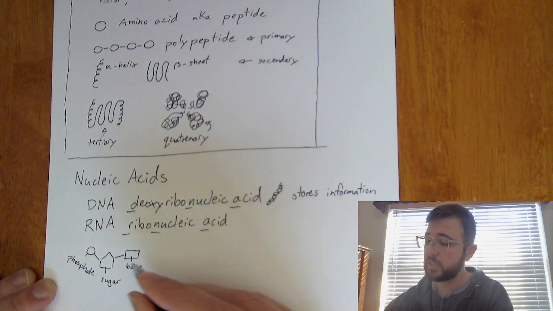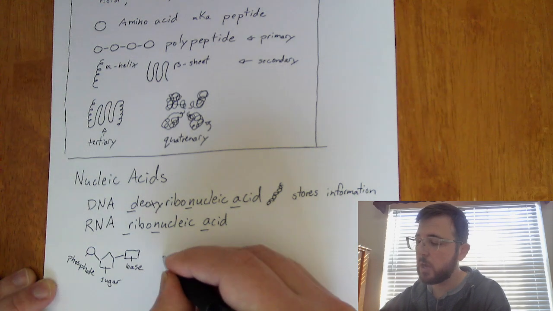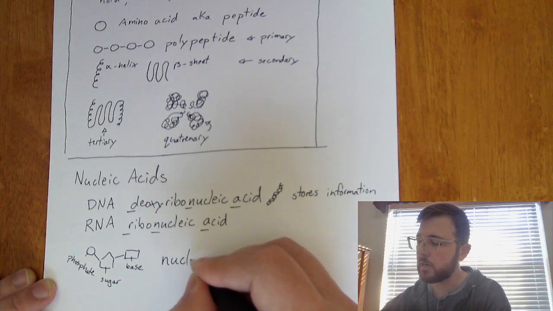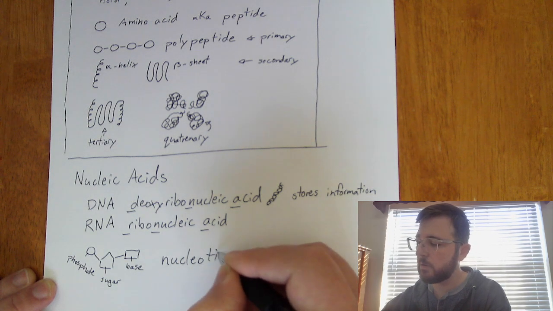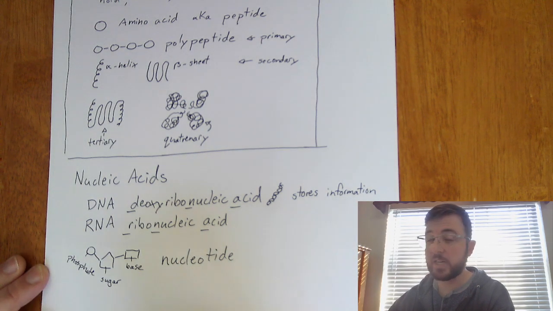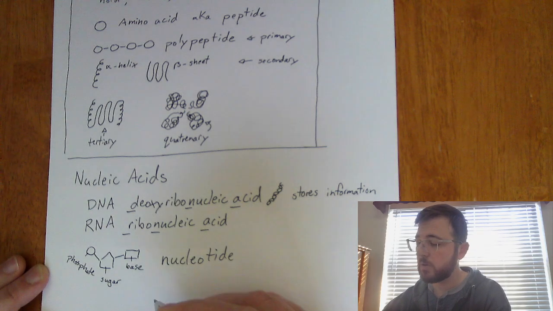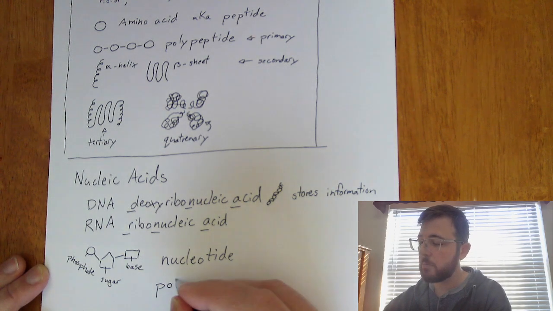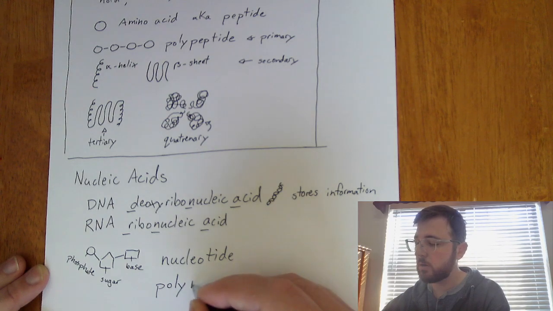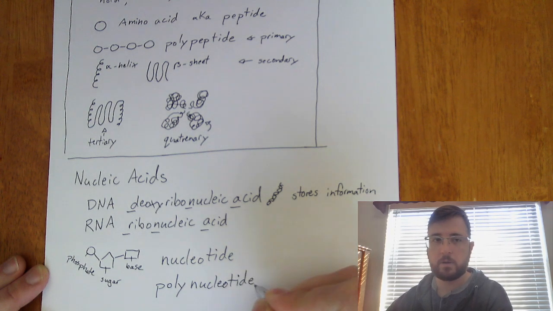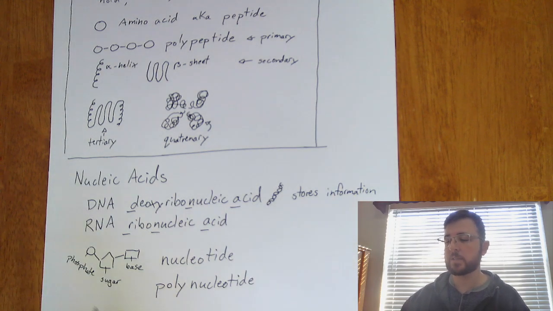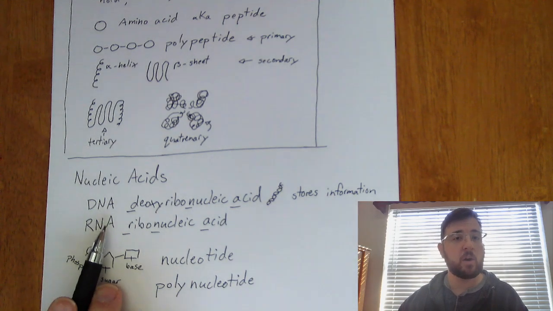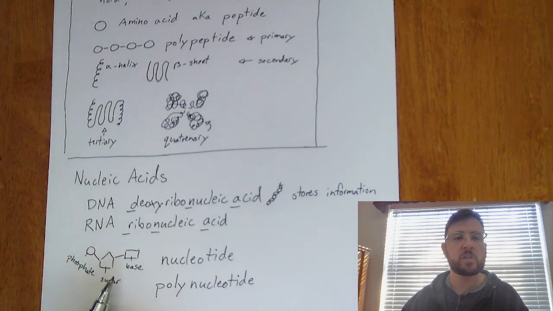And all three of these things together make a nucleotide. If you group a bunch of nucleotides together, you get, you guessed it, a polynucleotide. So nucleic acids, like DNA and RNA, are made of nucleotides and are polynucleotides.